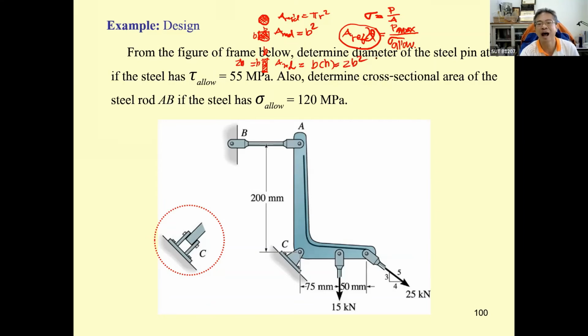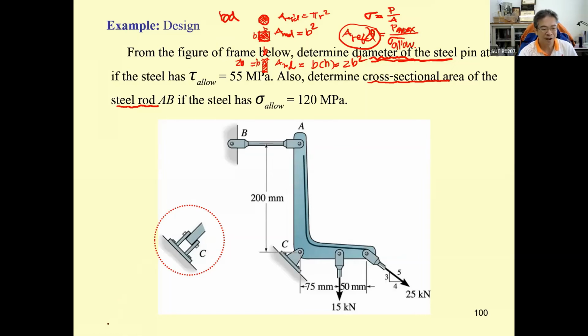Most of the time you need to determine the radius or diameter of the rod, and don't forget about the structural member that has a square or rectangular section.